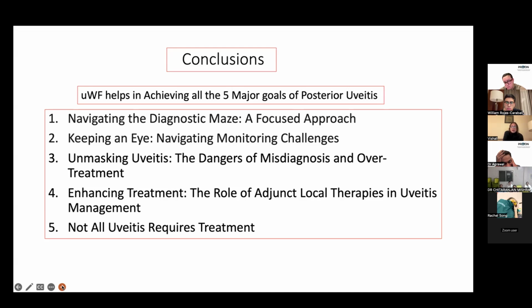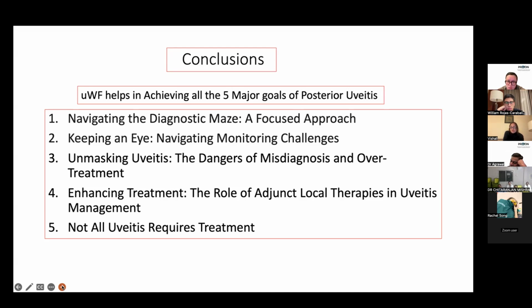Rupesh and Jim are doing a beautiful study, and Carlos and William have spent a lot of time on REVISE, which is retinal vasculitis. One of the working hypotheses that they have is probably all the peripheral vasculitis does not need to be treated.